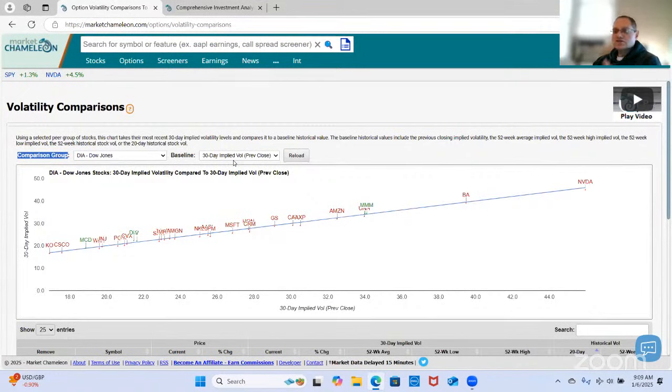And this allows us to see the change, right? What did the implied volatility do from the previous day to today, just like a stock change? And that will tell us if the implied volatility is going up or down on the day. And we could look at it as a group to see, are they all going up?